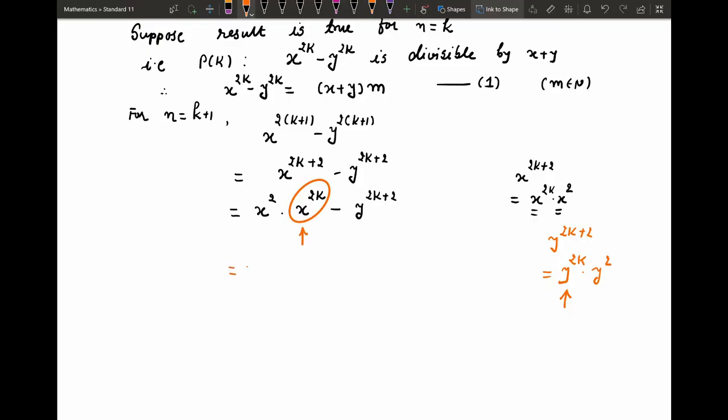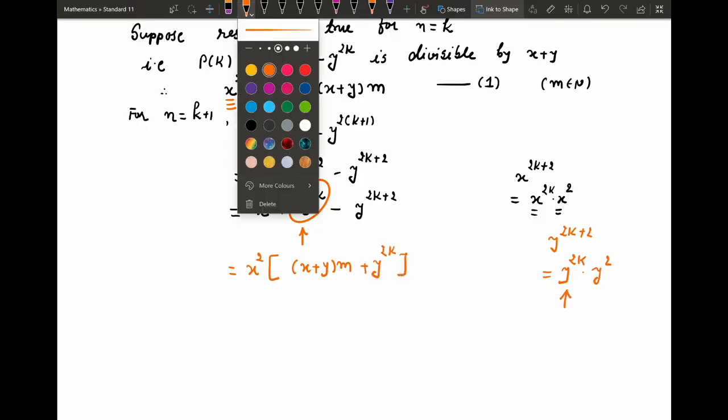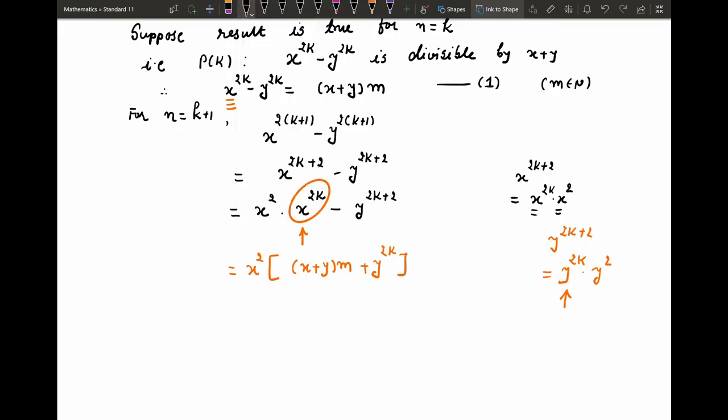So this is x square as it is. Now value of x raised to 2k from equation 1, x plus y into m plus y raised to 2k. We have substituted values of x raised to 2k from equation 1.